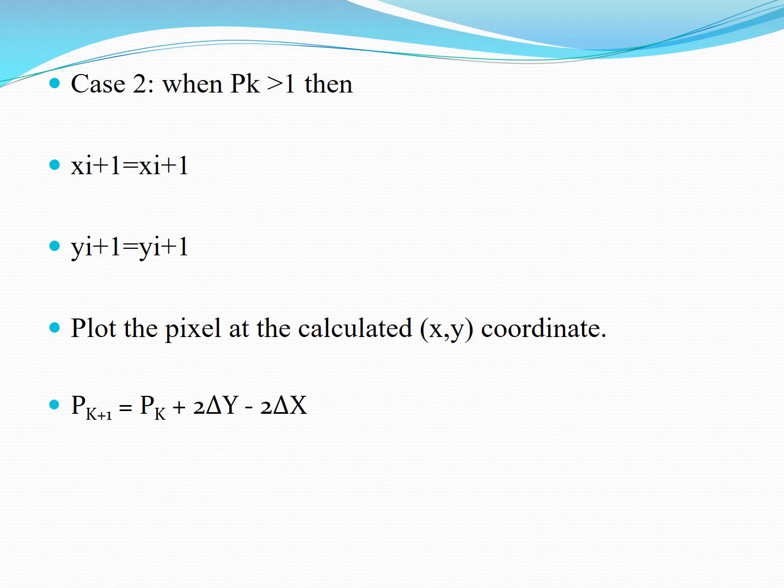In case Pk is positive, we increment both x and y by 1 and plot the coordinates, and the next Pk is Pk plus 2 delta y minus 2 delta x. I hope this is clear. With the example, it is easier to see how the algorithm flows and performs from the initial to the final pixel.